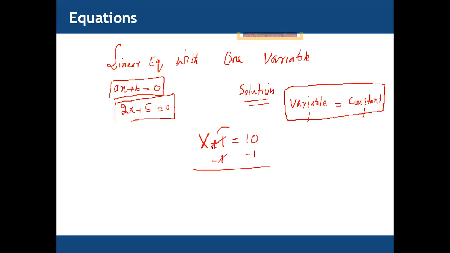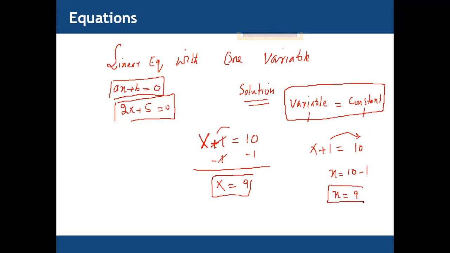Plus 1 minus 1 cancel. We have only x on this side and 10 minus 1 equal to 9. Or for simplicity, x plus 1 is equal to 10. When we transfer 1 to the other side, this plus becomes minus 1. So x is equal to 10 minus 1, equal to 9.